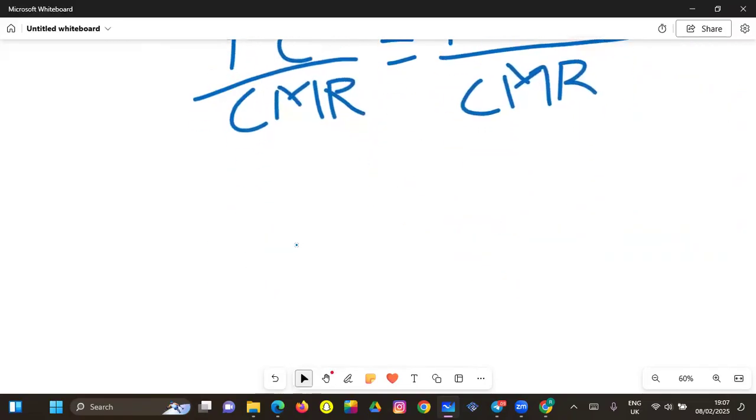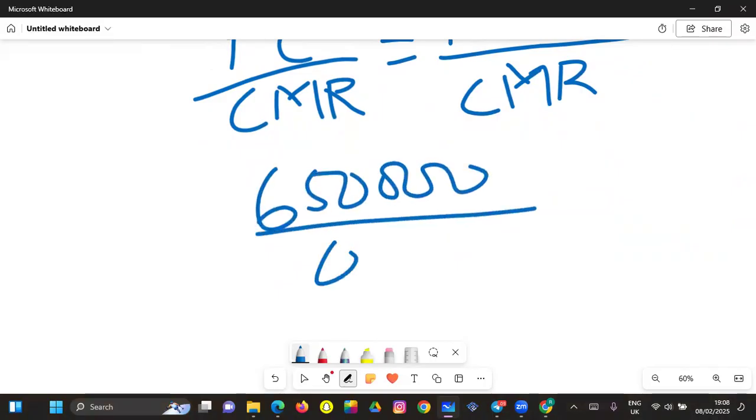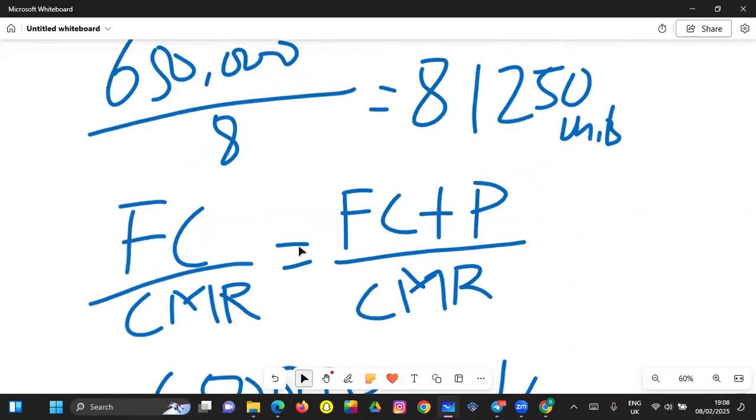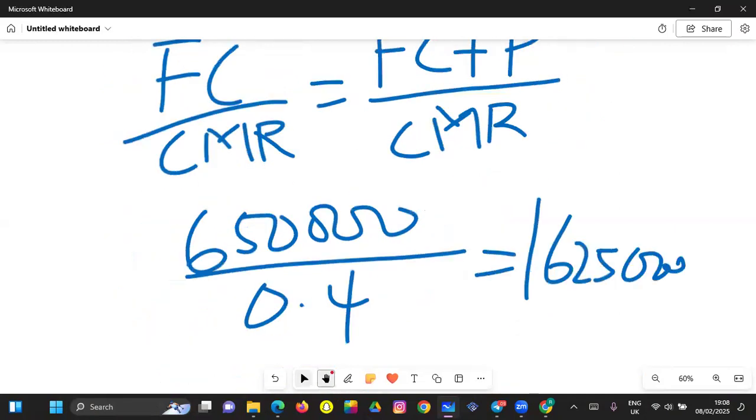The contribution margin initially was 0.4, so everything at the top is now 650,000 all over 0.4, and we are going to get the same thing. Otherwise, if we multiply the selling price, which is 20, times 81,250, we are going to get the same thing. If you are told to prove it, you just put the figures in there and get it.